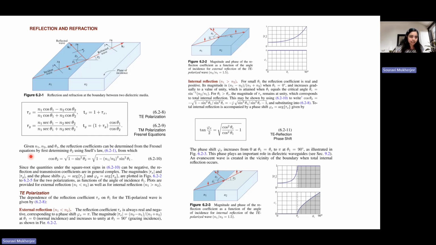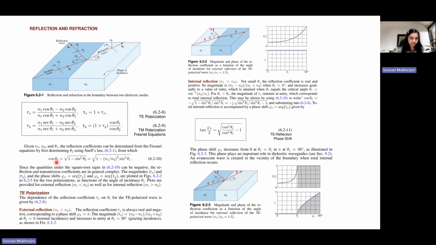How much will this phase difference be? You can get it from the Fresnel coefficients. When you have waves incident, reflected and refracted, you can use Snell's law to find what the possible values are. Here you take into account that the wave should be incident on the interface at an angle greater than the critical angle.